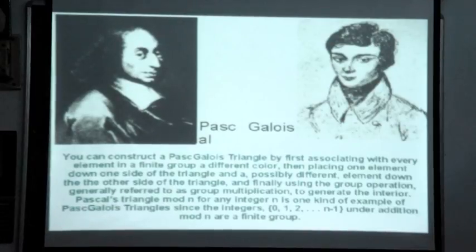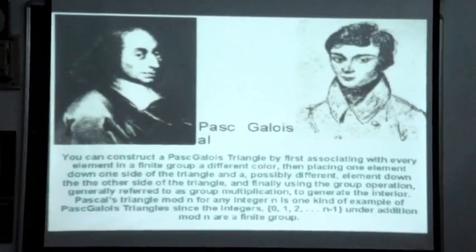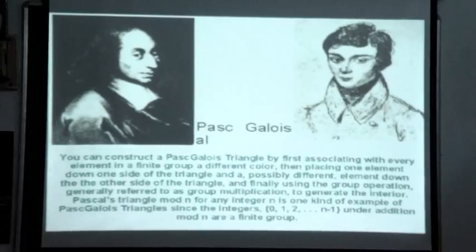And you can construct a Pascalois triangle by first associating with every element in a finite group a different color, then placing one element down one side of the triangle and a possibly different element down the other side of the triangle, and use the group operation to generate the colors for the rest of the triangle, the interior. Okay? So Pascal's triangle mod n for any integer is one kind of example of Pascalois triangles. Okay, but they're not the only one.